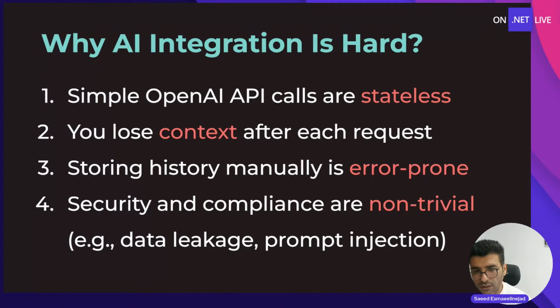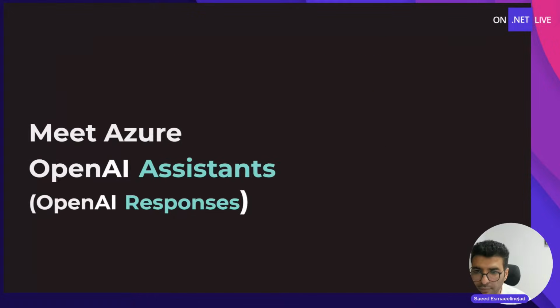So that is all the reason that although chat completion is fine and will probably give you whatever you need, it is not good enough, let's say. So that brings us to the OpenAI Assistants and also the newer version, OpenAI Responses, which in this session we are going to talk about both of, and how to use them in .NET applications.